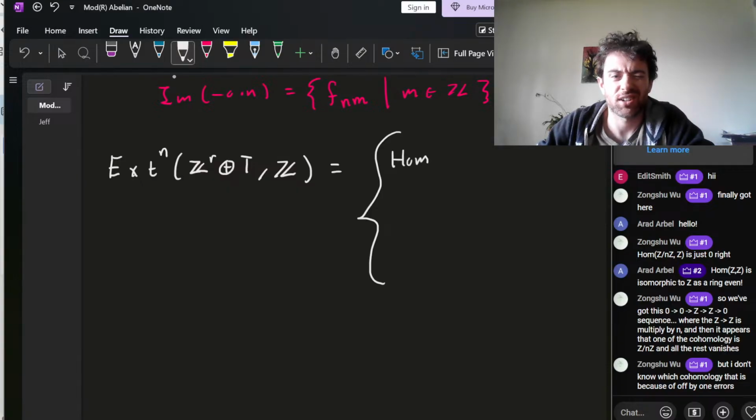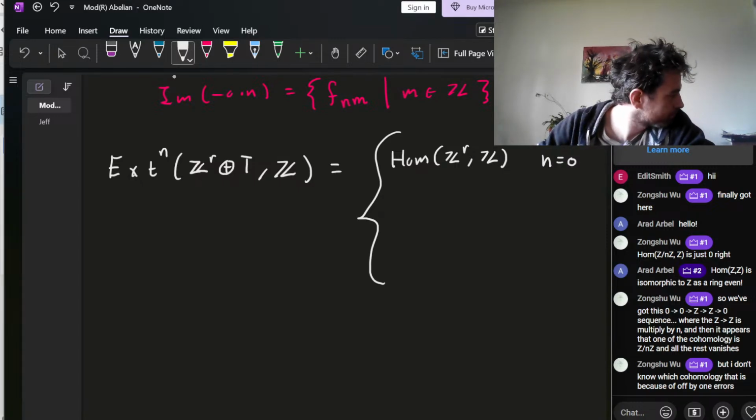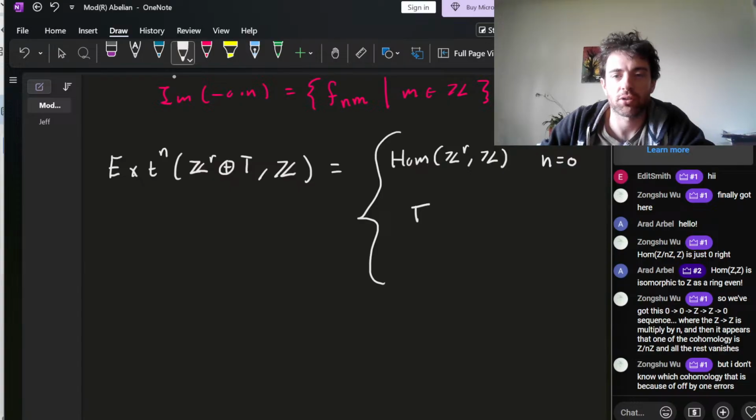Ext^0 is always given by Hom. So it'll be this when n is equal to 0, and when n is equal to 1, for Ext^1, we actually just recover the torsion part. And it will be 0 for all higher Ext's.